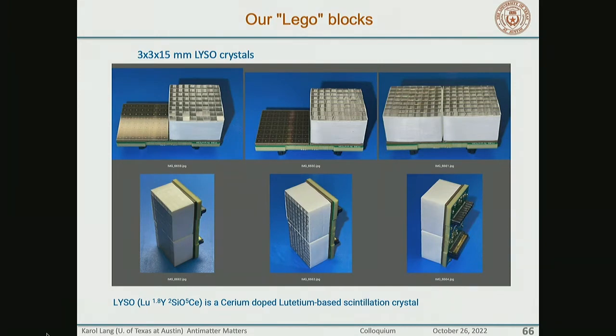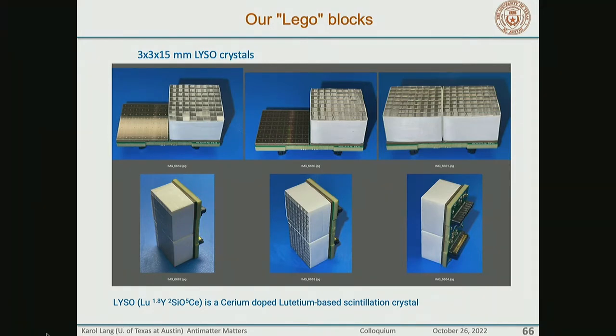And we are building our detector out of LYSO crystals that I alluded to earlier, and photodetectors, which are these new silicon photomultipliers, which are coupled directly to each crystal. So we have 3 by 3 by 15 millimeter crystals coupled to, as we call them, SiPMs, silicon PMs.